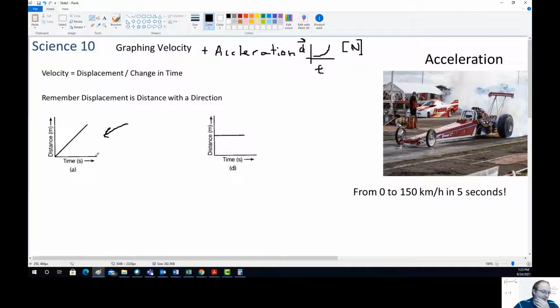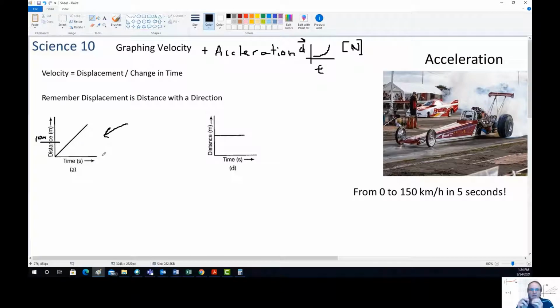So let's look here. This one definitely has a nice slope. Say for every, I don't know, let's say this is 10 meters right here. Just draw this out quick in your notes, distance on the Y, up and down, and time on the X, left and right. It makes sense to put time here, because we want time to go from left to right.